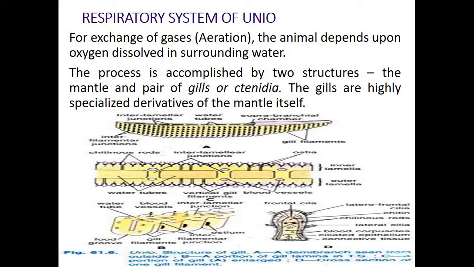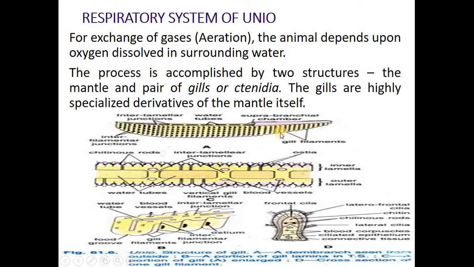Further, the process is accomplished by two structures. Primarily, the gills or the ctenidia. An additional structure is the mantle. Of course, the gills are highly specialized derivatives of the mantle itself. Now, here we observe the gill filaments.